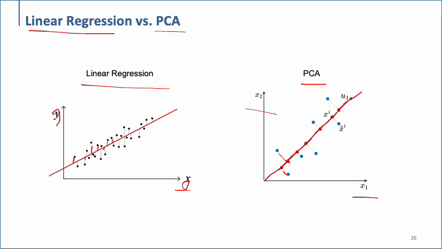Here, you need to calculate the distance along the y-axis, but here we are calculating the error from the data point to the principal component axis. So that's the key difference. You should recognize the difference well.